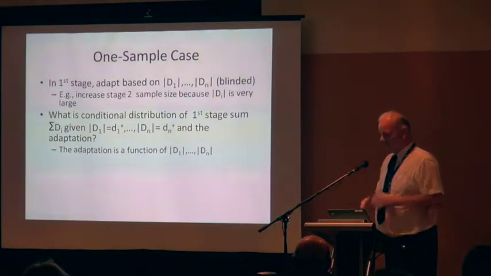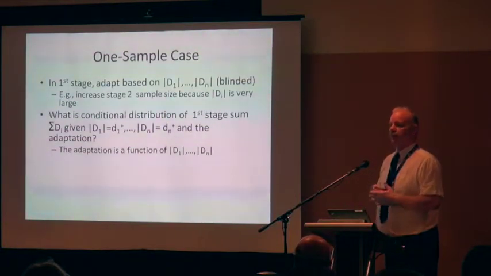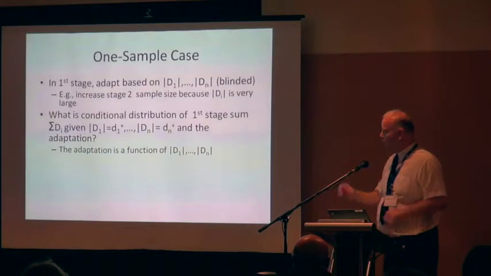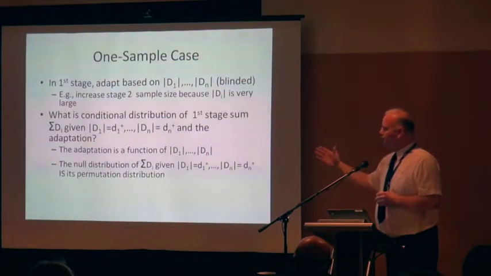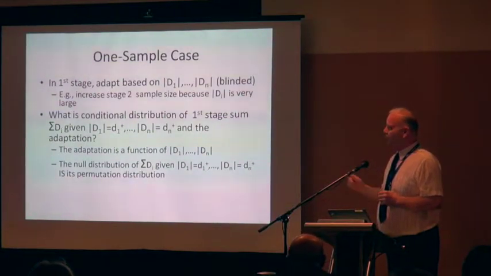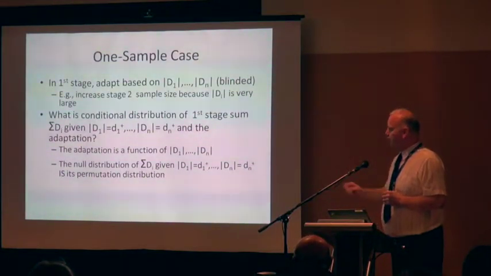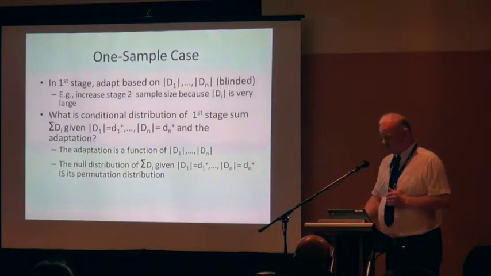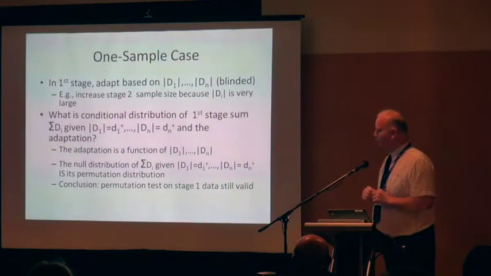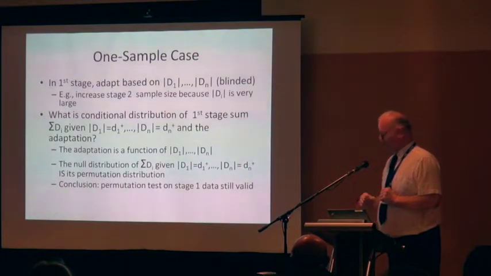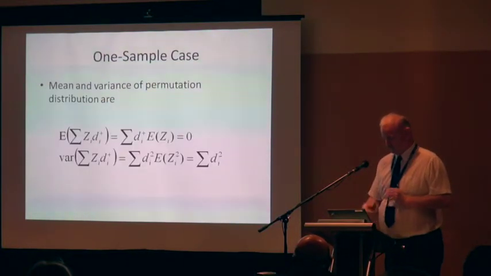So conditioning on that change doesn't condition on anything more than you already were doing with the permutation test. So the null distribution of the sum of the D_i's from the first stage, given those absolute values, is its permutation distribution. And so a permutation test on that first stage data is still valid.